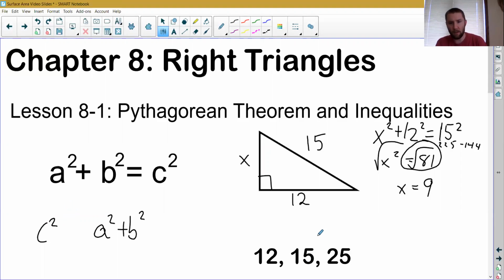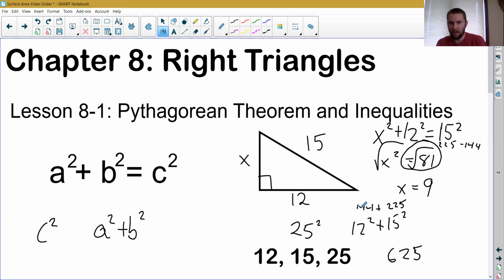So in this particular case, we would be taking the c squared value, which remember is always the biggest one, and in this case that is 25. And we would compare that to 12 squared plus 15 squared. Okay, 25 squared is 625, and then 12 squared is 144. 15 squared is 225.